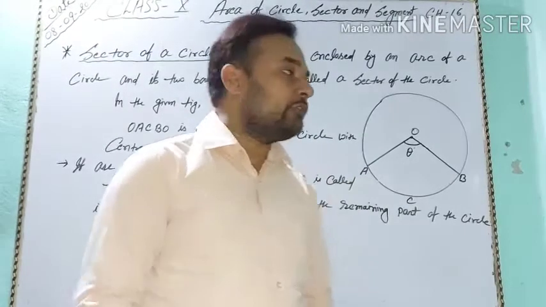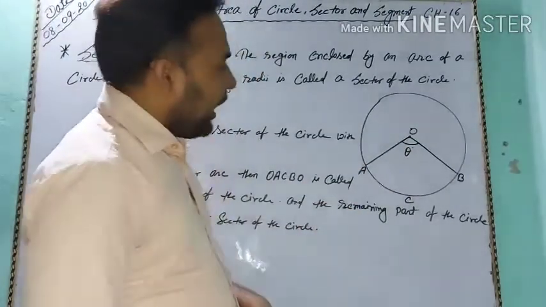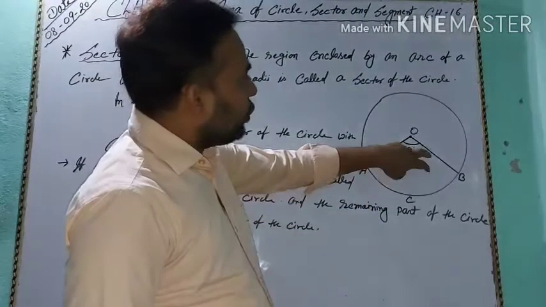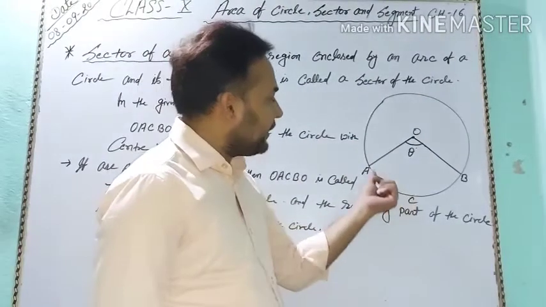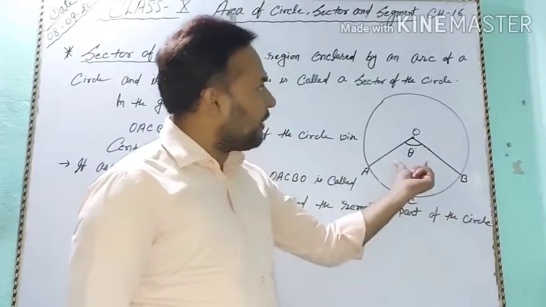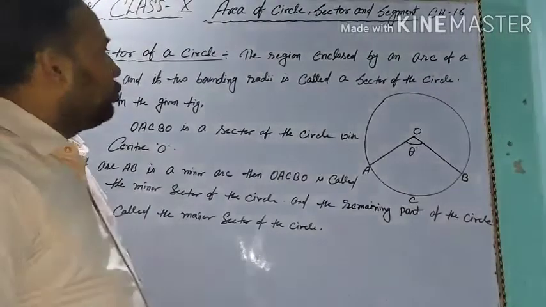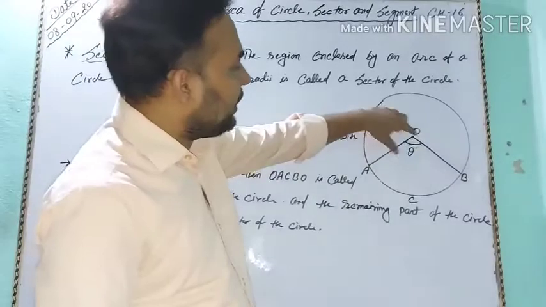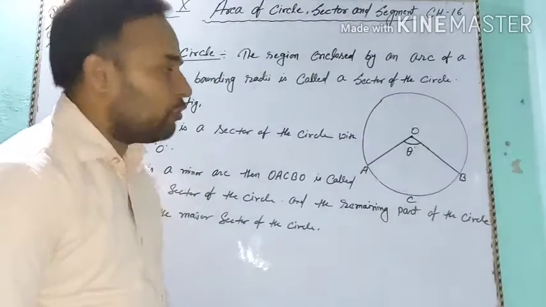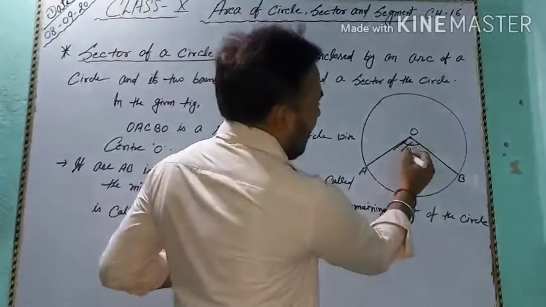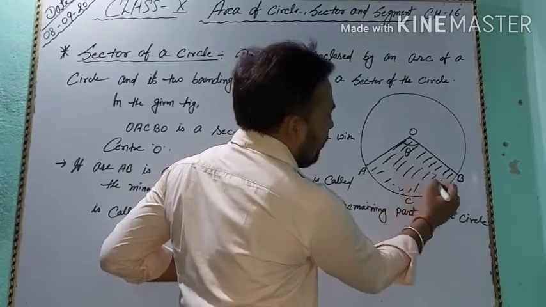Okay, so students, in this figure, the region enclosed by an arc of a circle and its two bounding radii is called a sector of the circle. So students, this part is called the sector of the circle.